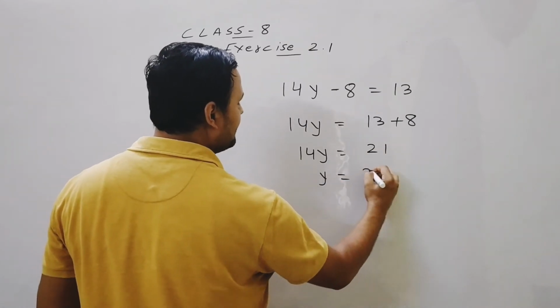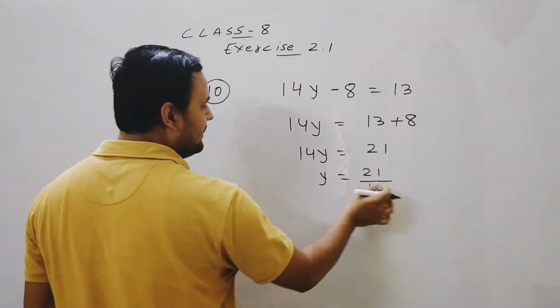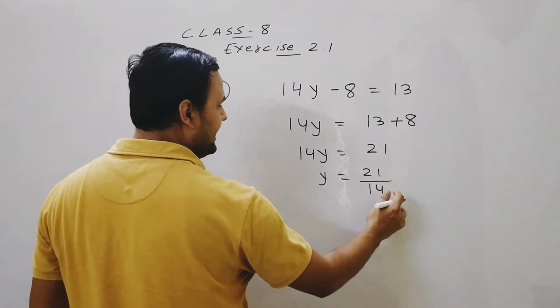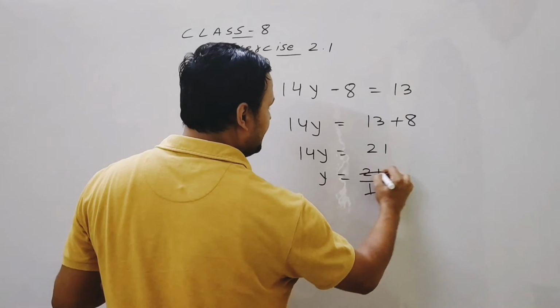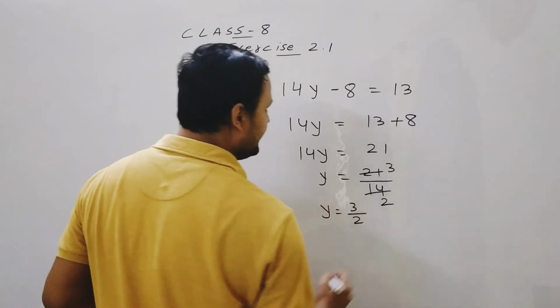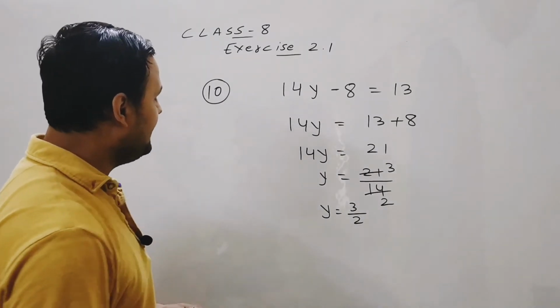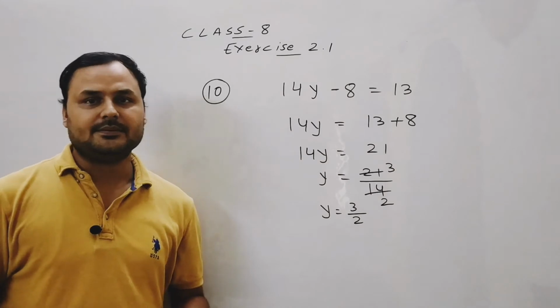So y equals 21 by 14. This 14 will go on the right hand side, it will be divided. Now 7 2s are 14, 7 3s are 21. So y equals 3 by 2. So for question number 10, the value of y equals 3 by 2.